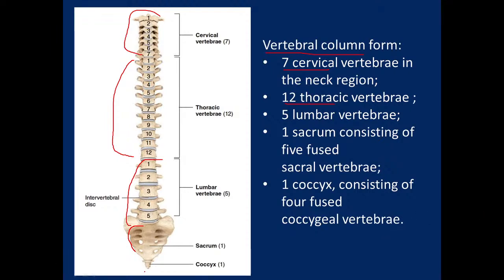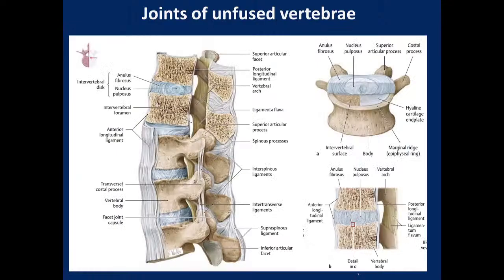And usually the lowest end point and part of the vertebral column is called the coccyx. Usually it consists of 3 or 5 fused coccygeal vertebrae.